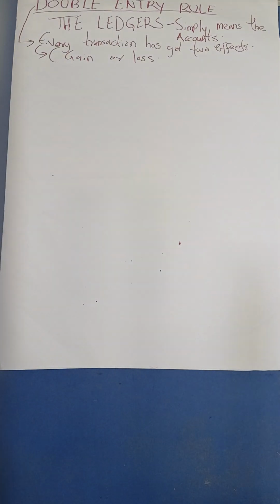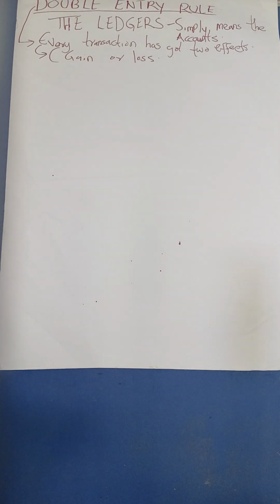Maybe you'll gain money, or an asset, or you'll have a loss. Maybe you purchase an asset using cash in the bank; automatically that cash will reduce, or if you have to pay it, you'll lose.